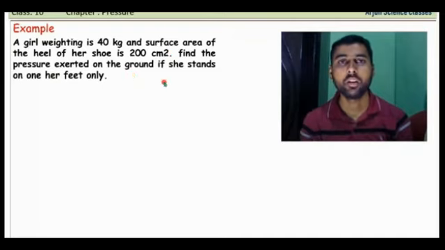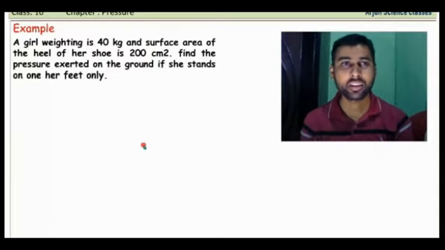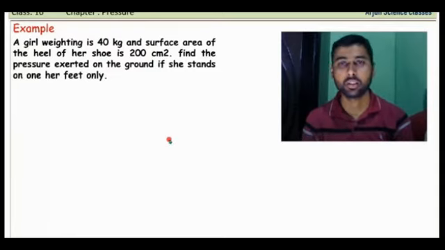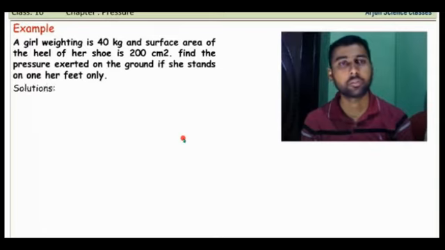Find the pressure exerted on the ground if she stands on her feet only.